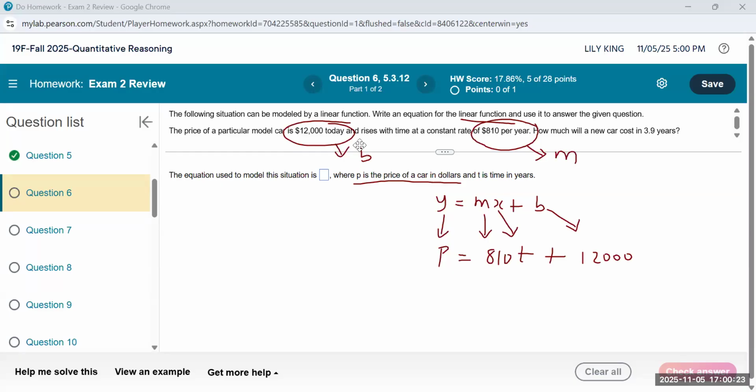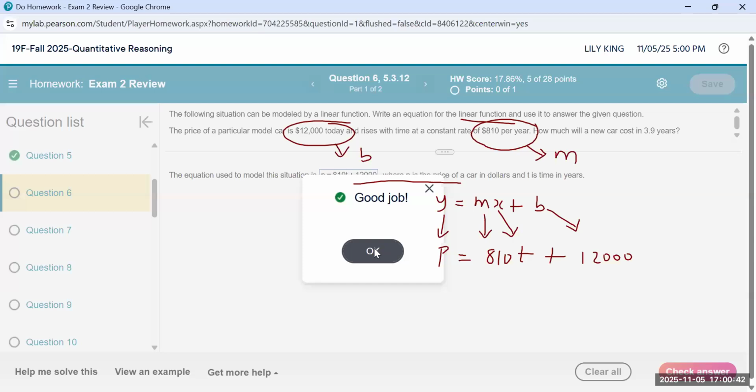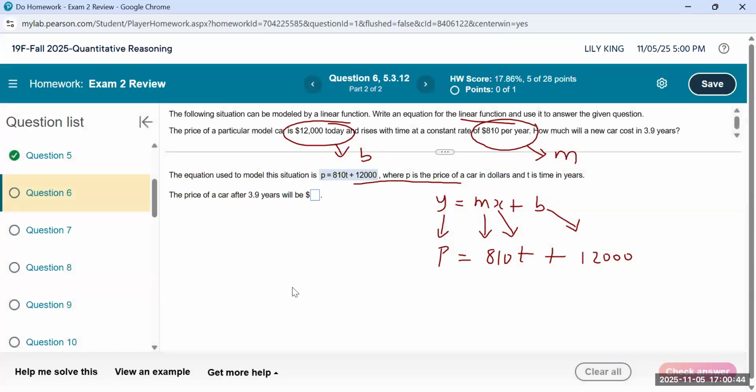So the equation here is P equals 10T plus 12,000. The slope is positive because it says rises, and that's how we know the slope is positive.